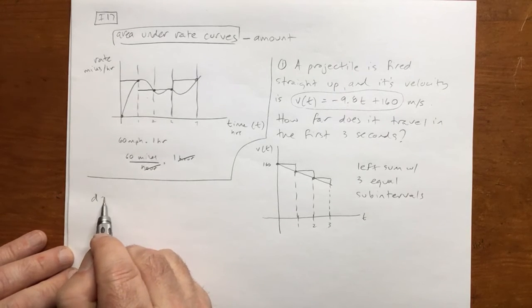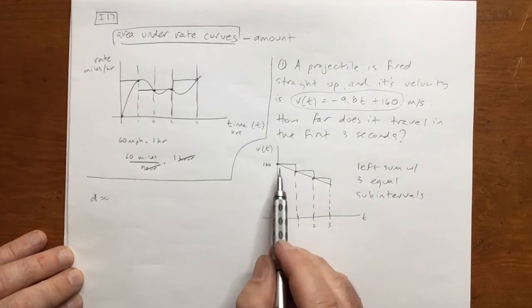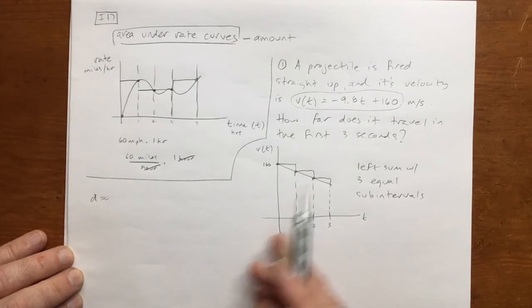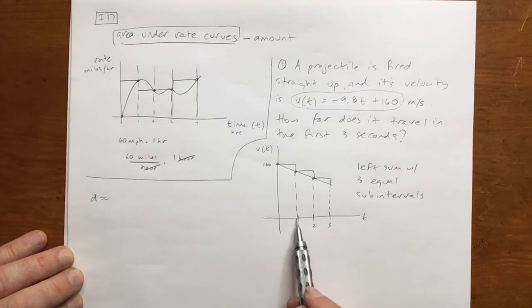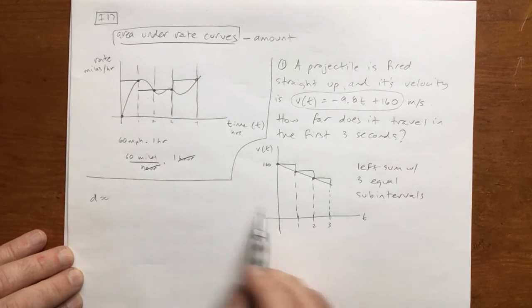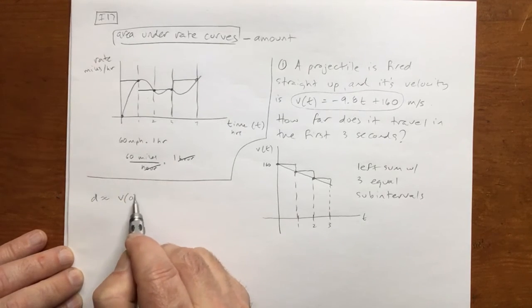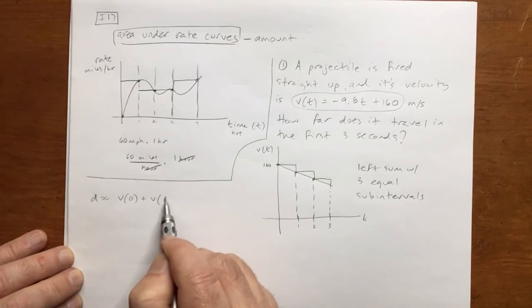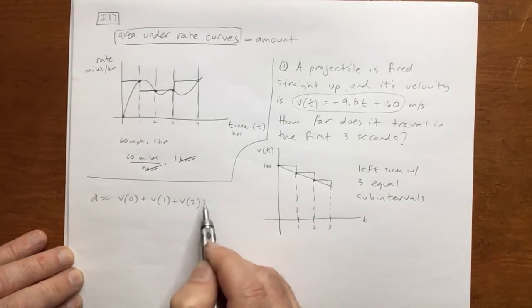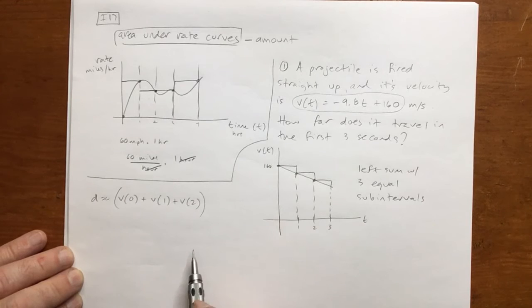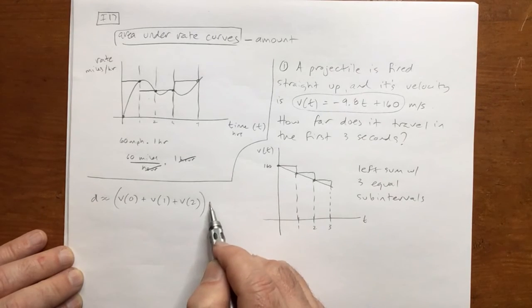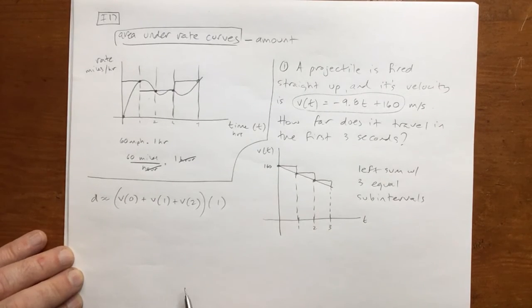The distance is approximately these 3 velocities added up times the change in time, which is just 1. And so I have v of 0 plus v of 1 plus v of 2, times the change in time, which is just 1 second.